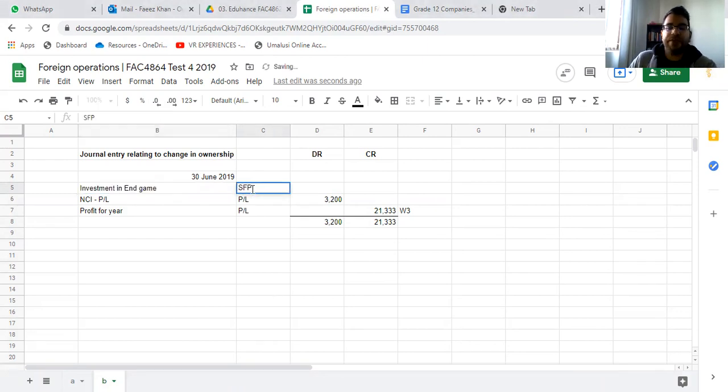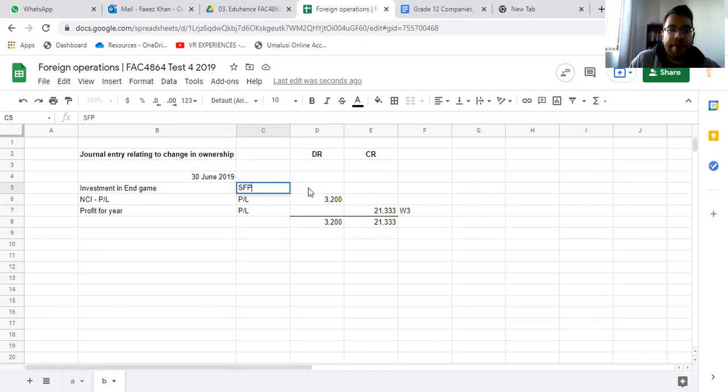So why are we taking it into investment in endgame? We're just going to either increase the investment with whatever profits the parent is making, and we're going to reduce investment in endgame with whatever losses the parent is making, so that in the end, we have a total investment that we will simply de-recognize.